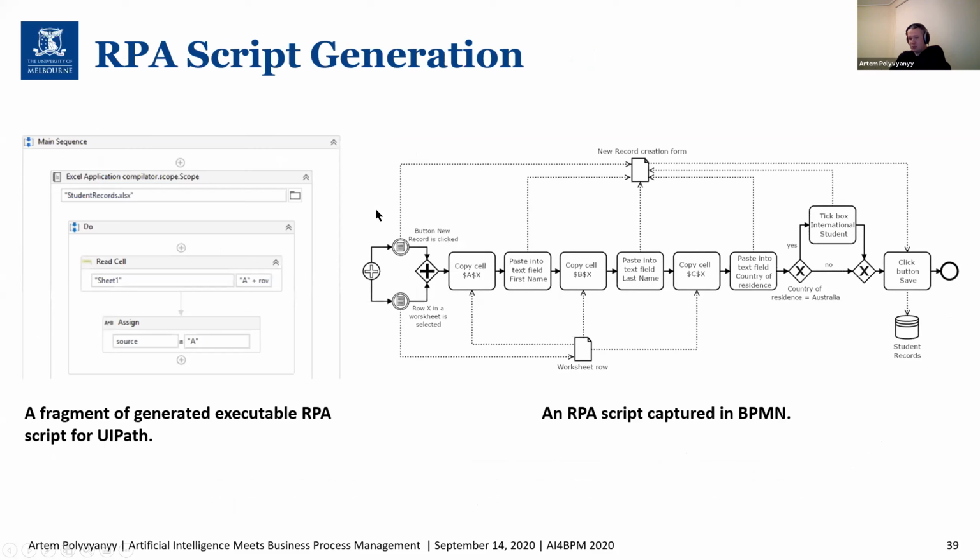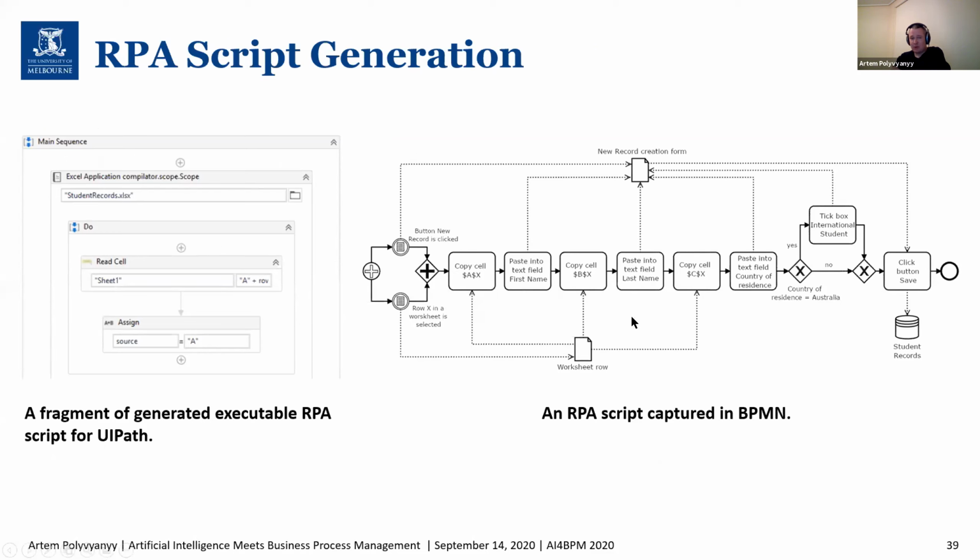In the video tool that will be presented, I think on Wednesday, if Vladimir is here, he can maybe correct me, in the demo session, we also generate the executable scripts. Currently the tool generates scripts for UiPath, which is a product for RPA. Those scripts can be executed, and we can carry them out automatically. So this is my last slide.